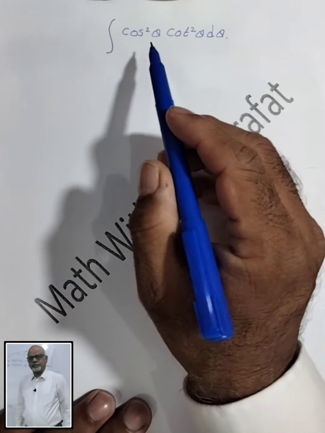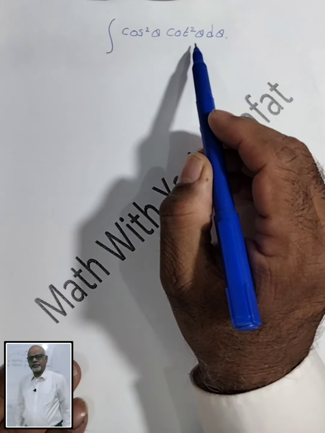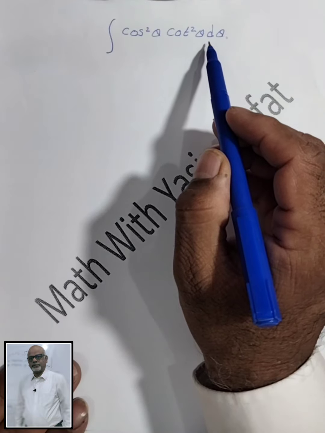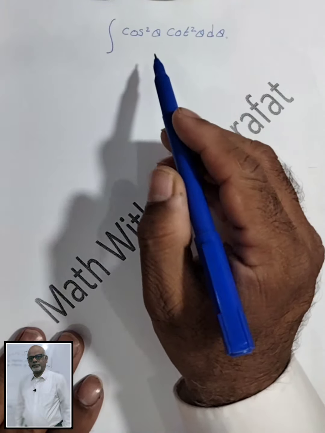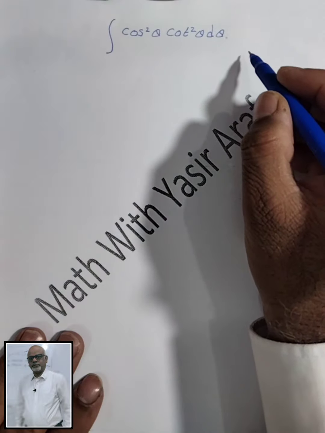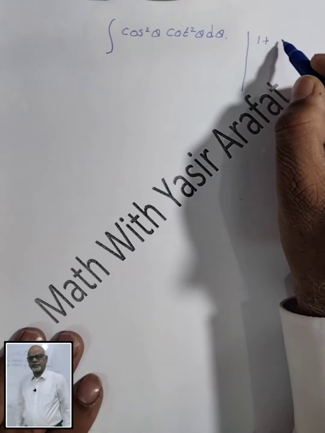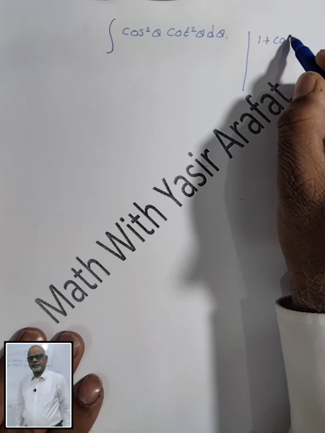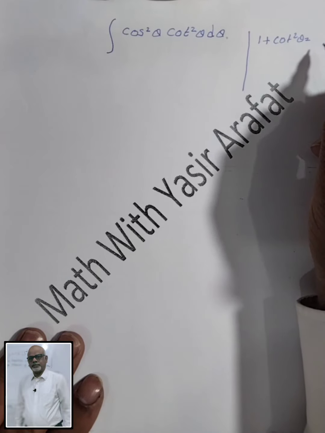We have a question of integration here: the integral of cos square theta cot square theta d theta. We have to find the integration of this. Here, 1 plus cot square theta equals cosec square theta.